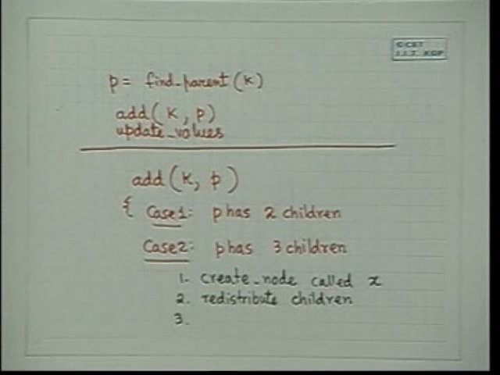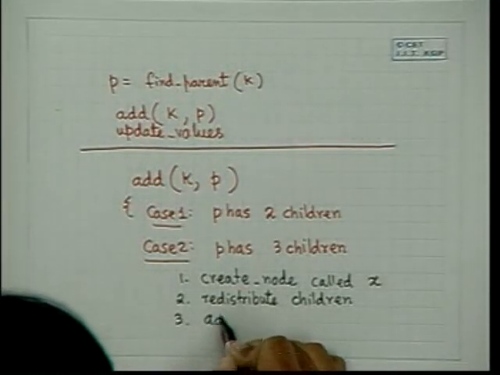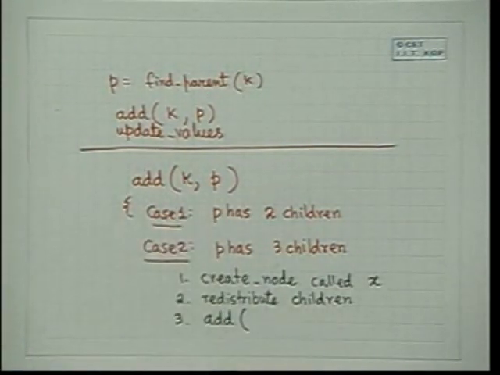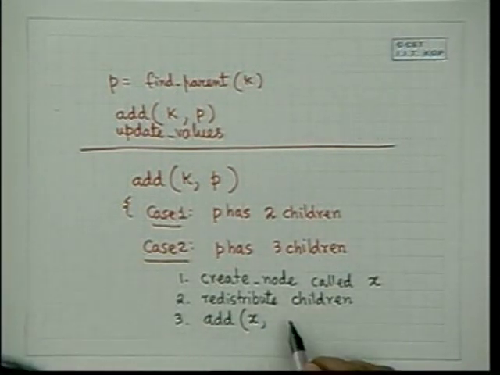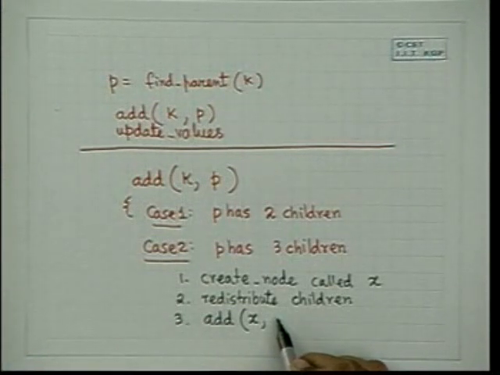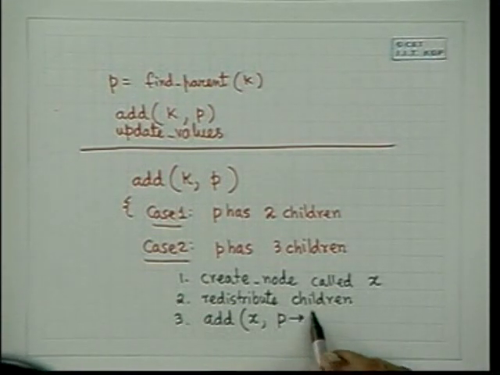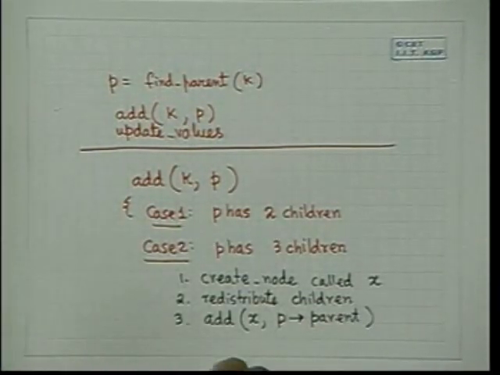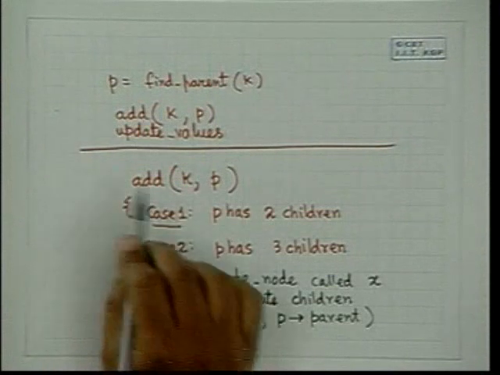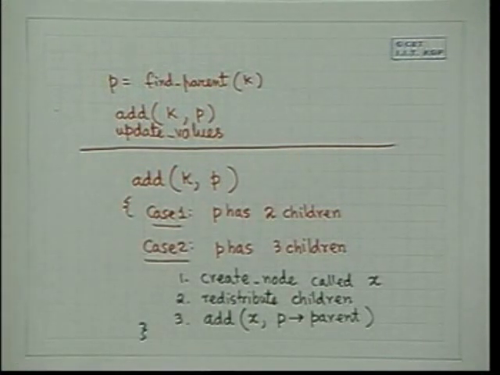And third, can anybody tell me what is the third step? Add, this is the overall approach, add what? X into where? P's parent, isn't it? Add this new node to the parent, and recursively this is the overall structure.